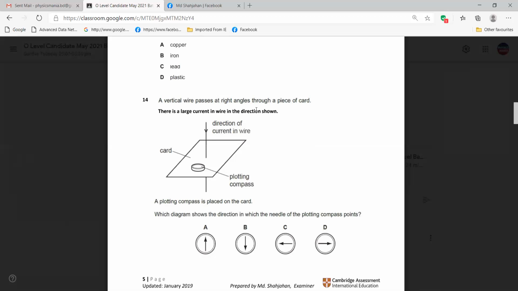I mean, how do I say this? If the direction of current is through the wire, so I must use this right hand grip rule.